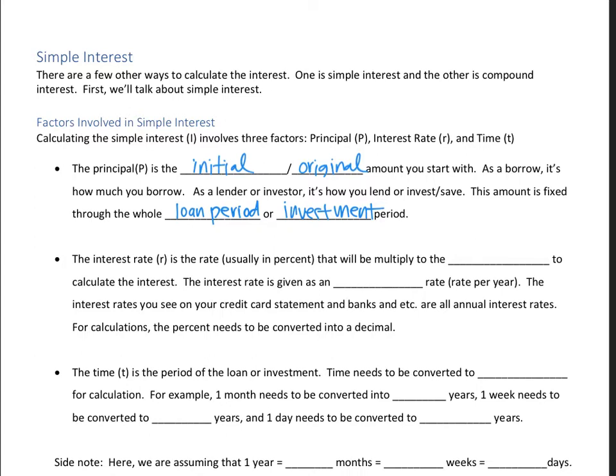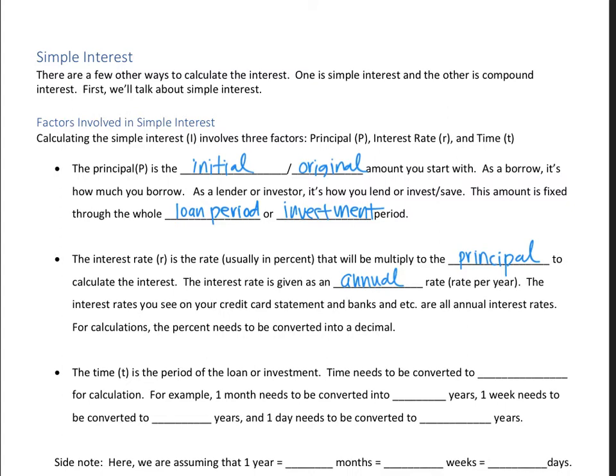Let's see the next line. The interest rate is rate, usually in percent. So when you say interest rate, it's going to be in percent. That will be multiplied by the principal to calculate the interest. Interest rate is given as an annual rate. Annual rate means per each year, right? Annual just means 1 year.